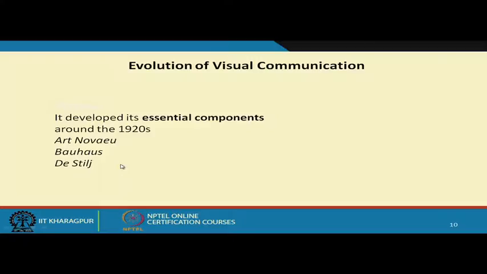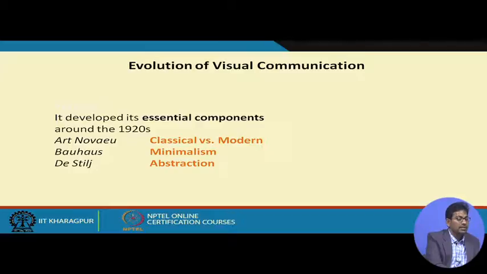In that, three art movements are of special importance: the Art Nouveau, Bauhaus, and De Stijl. With them came three aspects where there were questions coming up between classical and modern versions. There were questions being raised, there were experiments being done in terms of minimalism, yet not forsaking the technology, the arts and crafts, the connection, the humanist approach which Bauhaus took, yet it was leaping on to a very minimalist modern approach to design.